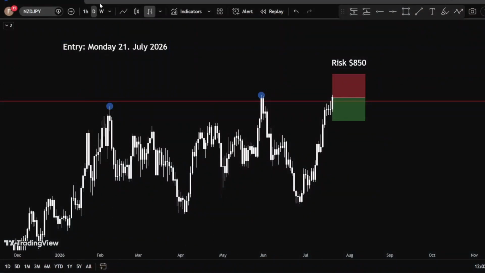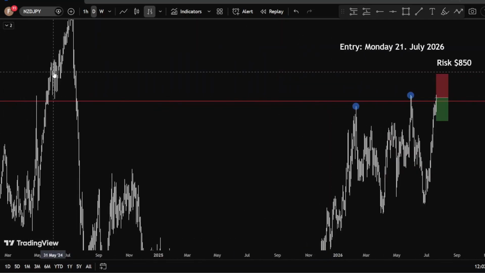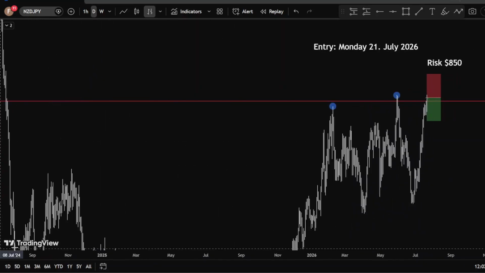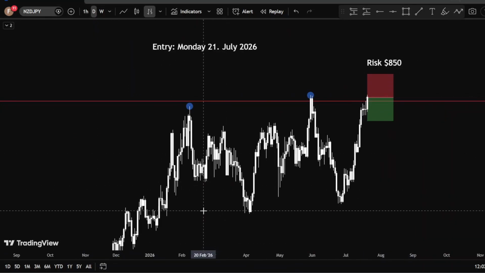So you see we're on the daily again. There is nothing to the left. I'm just paying attention to what happened recently this year.